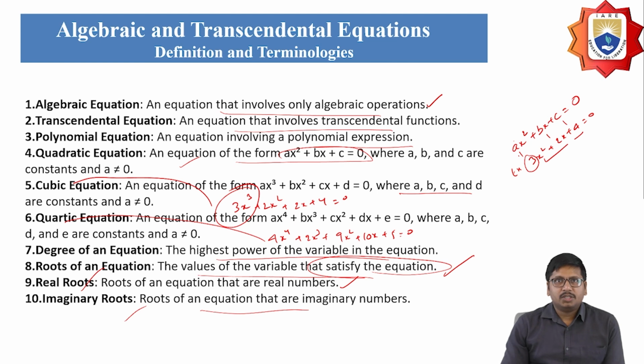A quadratic equation means an equation of the form ax squared plus bx plus c equal to 0, where a, b, c are constants and a not equal to 0. A cubic equation means an equation of the form ax cubed plus bx squared plus cx plus d equal to 0, where a, b, c are constants. And a biquadratic equation is of the form ax power 4 plus bx cubed plus cx squared plus dx plus e equal to 0, where a, b, c are constants.